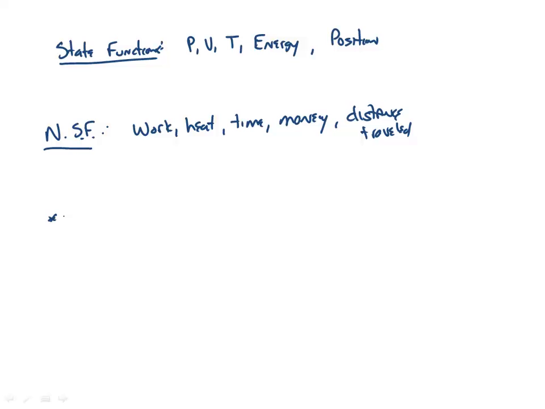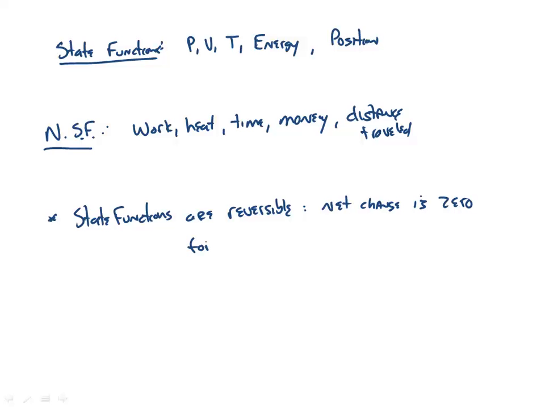The key is that state functions are reversible, meaning that the net change is 0 for a completed path.